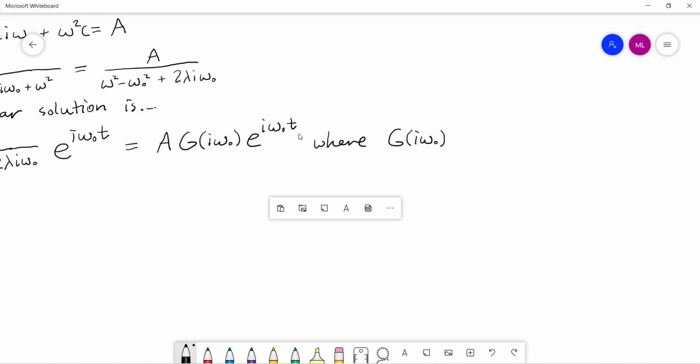We have this term that represents oscillations. The a can be wrapped up in that, and this term here is going to scale those oscillations up and down. So this g of I omega naught term looks like this: omega squared minus omega naught squared plus 2 lambda I omega naught. Okay.